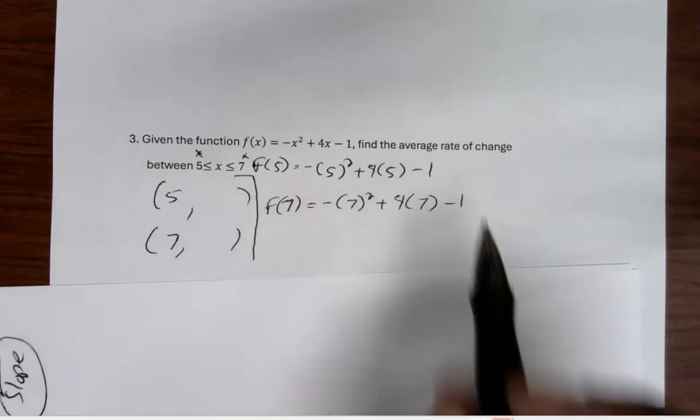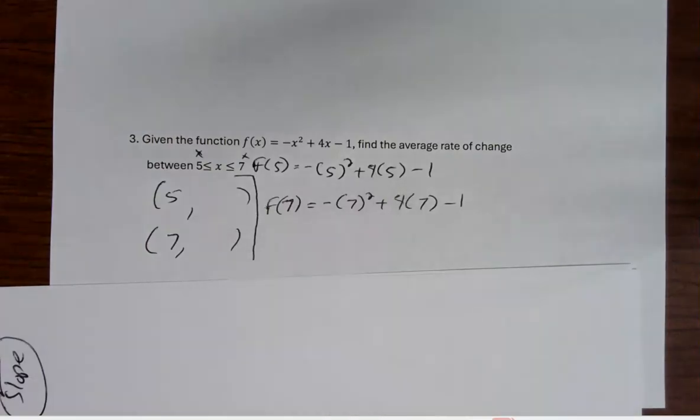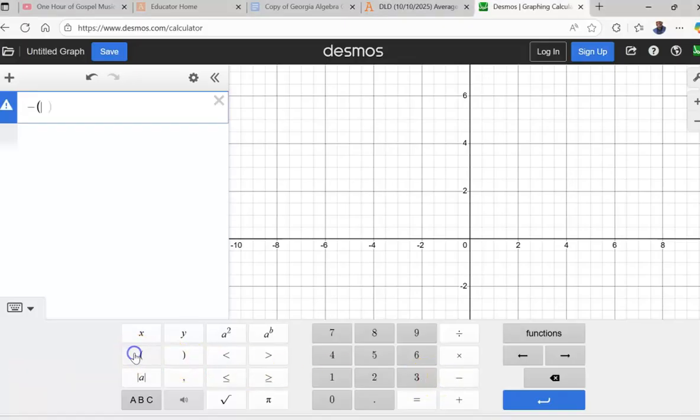I can plug this into Desmos too, so I'm typing it in now. So it's going to be negative, parentheses, 5 squared plus 4, parentheses, 5, and subtract 1.